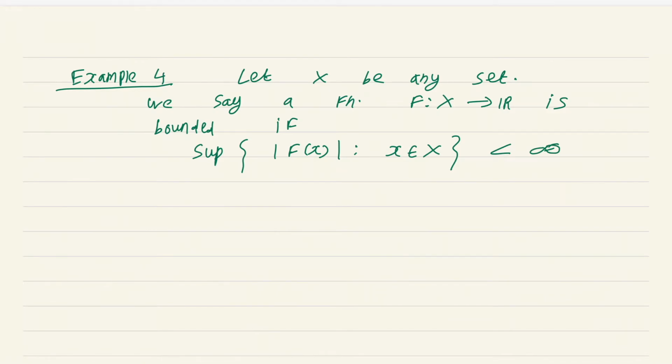Okay, then we consider this collection B of X comma R. What is this collection? This is the collection of all bounded functions f from X to the real numbers.